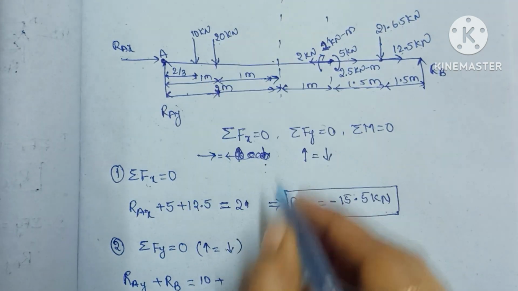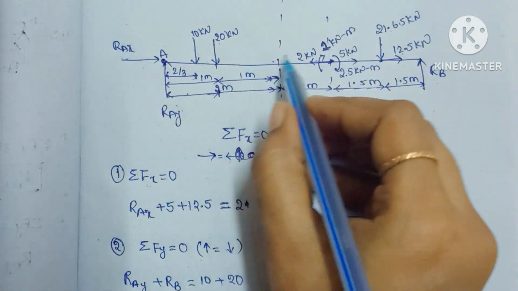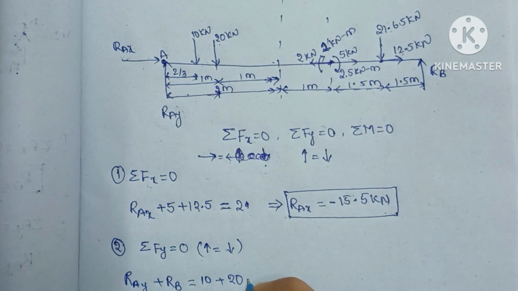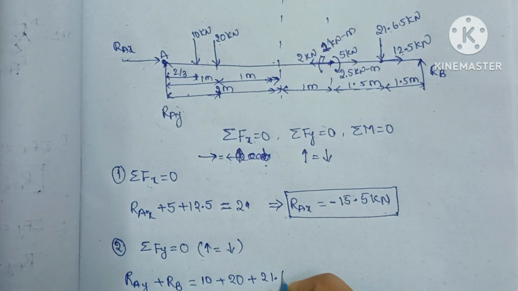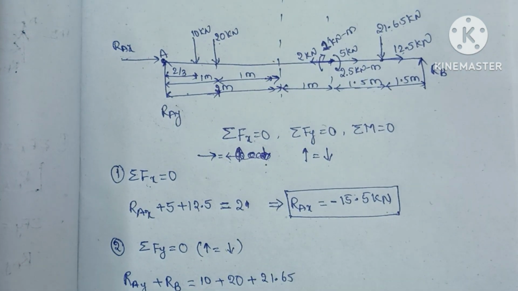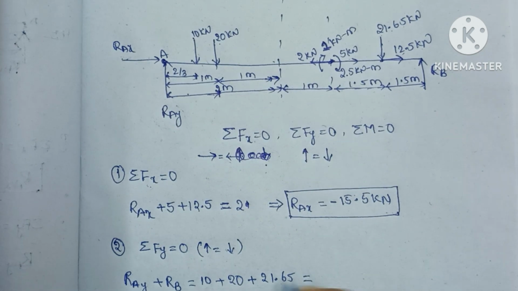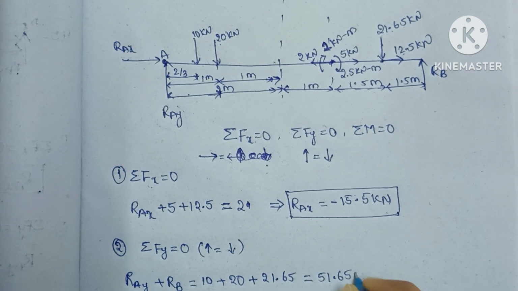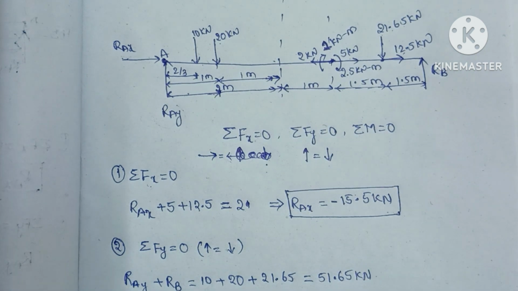Next one is 20, and next downward force is, there is no downward force, here is 21 plus 21.65. So if we add all these, we will get 20 plus 10 30, 30 plus 21, 51.65 kilonewtons.